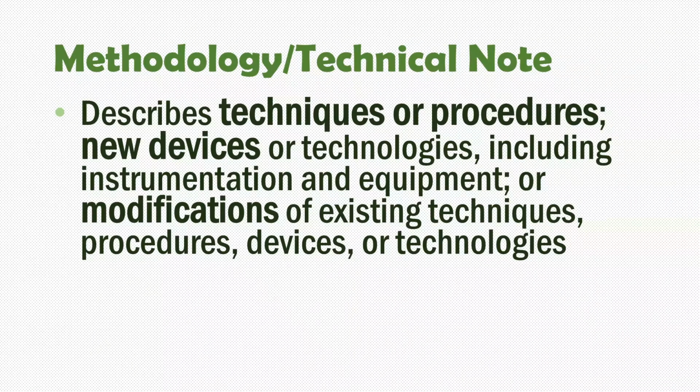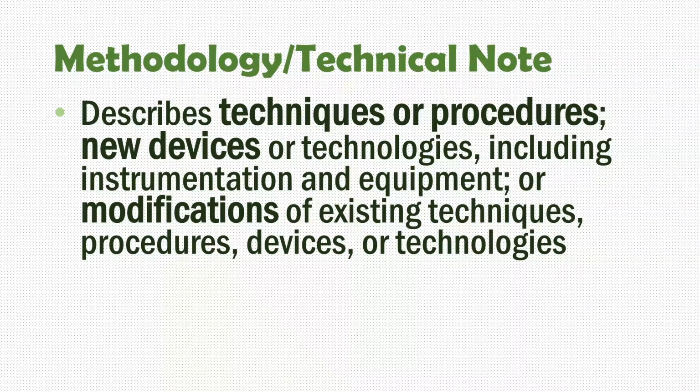A methodology, technical note, or technical innovation, is an article describing techniques or procedures, new devices or technologies, including instrumentation and equipment, or modifications of existing techniques, procedures, devices, or technologies. The discussion is usually narrowed to a specific message, and there is often a prescribed limit to the number of figures and references.